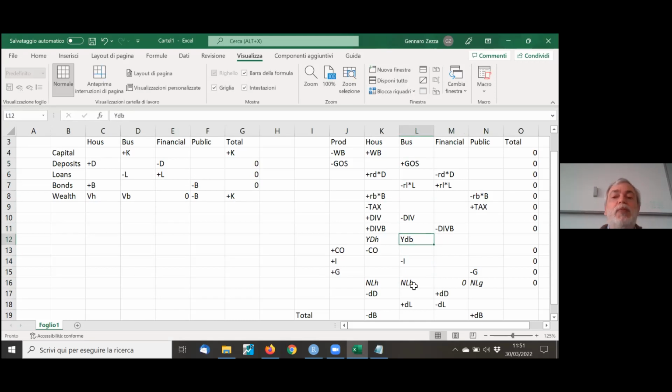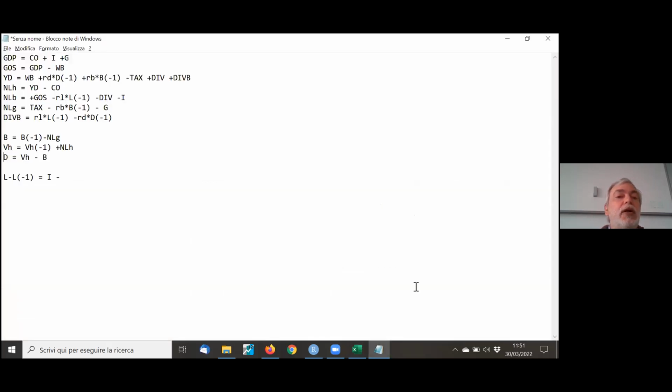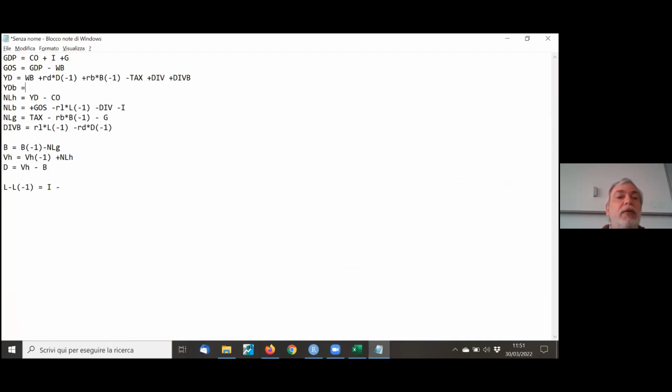So the disposable income of business is what is left from profits after paying for interest on previous loans and after distributing the dividends, so YDB is equal to profits less interest paid on loans less dividends.